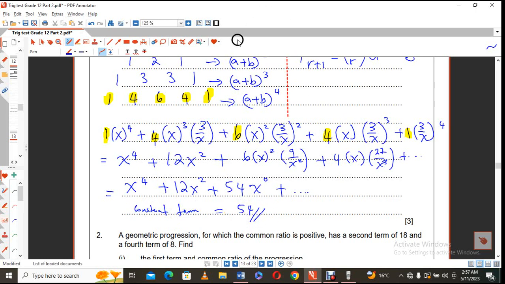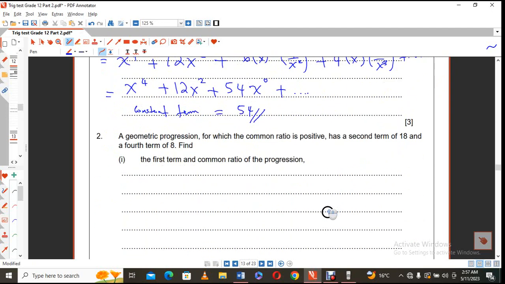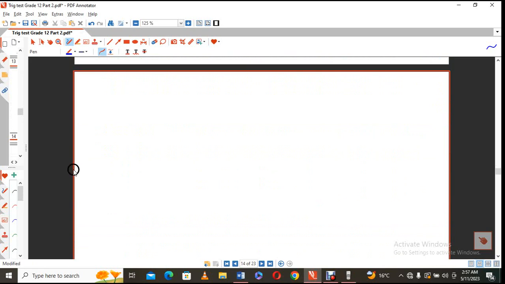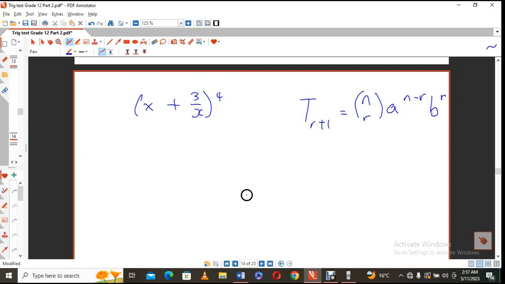All right, let's say we take the same expansion, and I just want to bring in a clean page. So I have (x + 3/x) raised to the power 4. Remember what I was saying, the general term is t sub r plus 1 equals n choose r, times a to the n minus r, times b to the r.